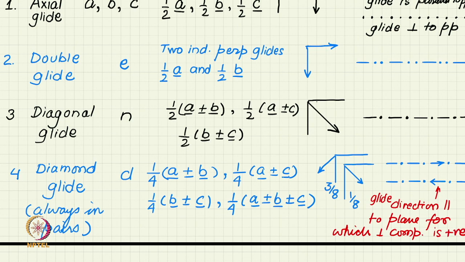So, if you move in the parallel direction this way, then in the perpendicular direction you will be going in the upward direction and not in the downward direction.